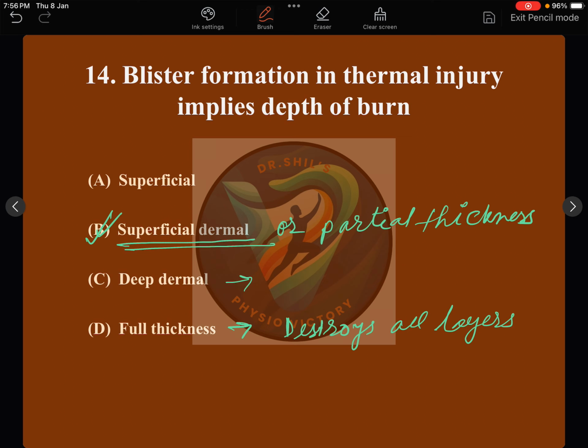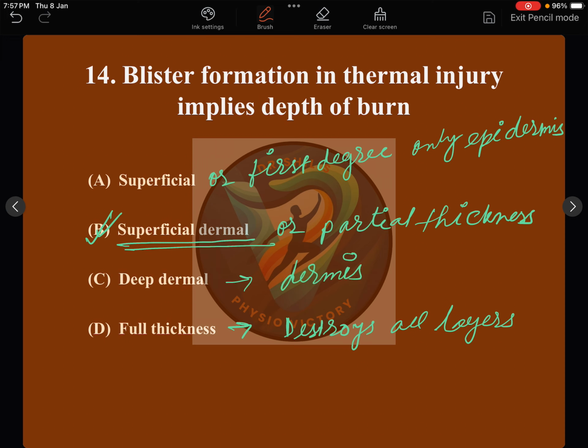Superficial or first degree only affects the epidermis, while the others affect dermis.